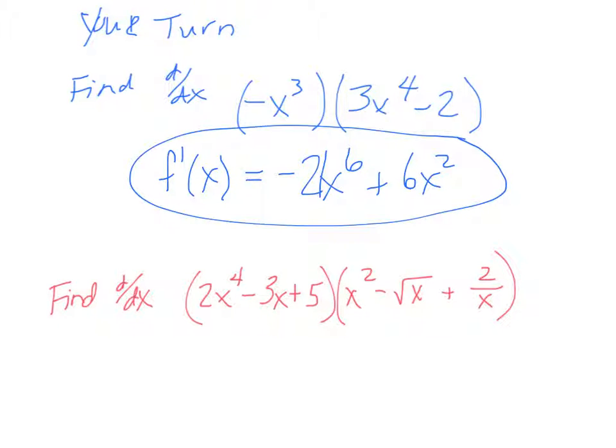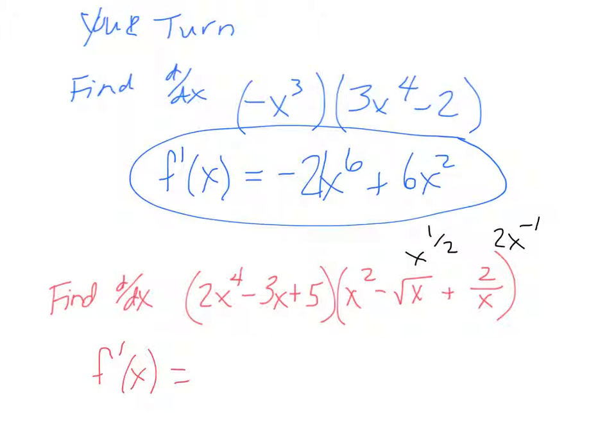Now, you can say, well, I can distribute through at the beginning, and then I can use the power rule. Absolutely. It's up to you. It's your choice. And for your answer to this one, just to let you know, it's easier to rewrite this one as x to the 1/2, and then 2x to the negative 1. When you rewrite it, you can multiply through and add your exponents just like normal.